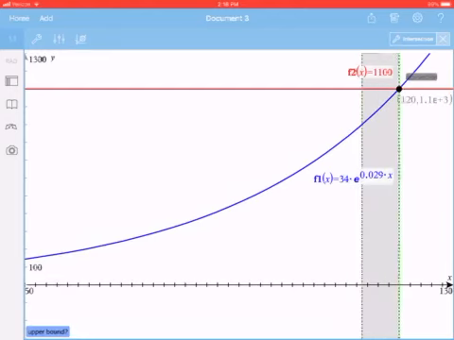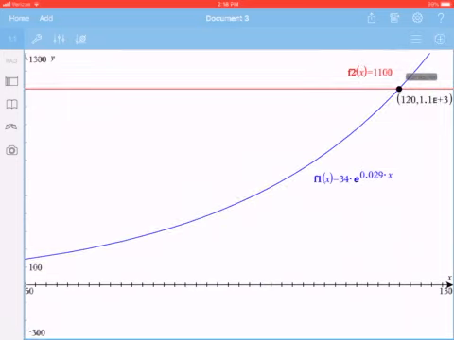Then for my upper bound or right bound, I'm going to move that line so it's on the right side of my target point. And you can see how the number will be here. And so that will be 120 for the value of x.